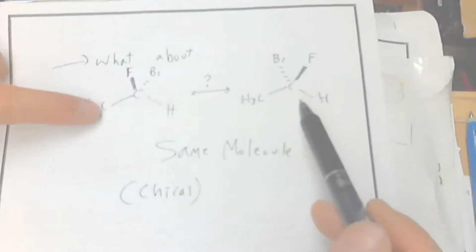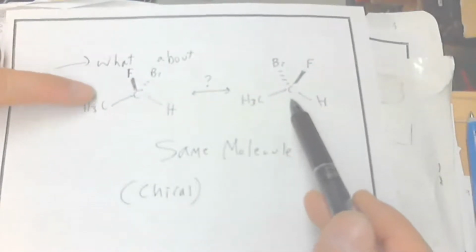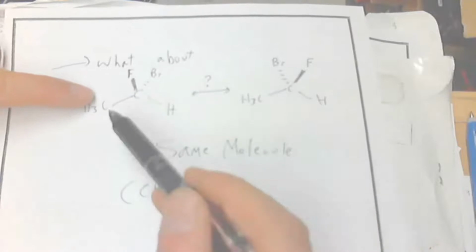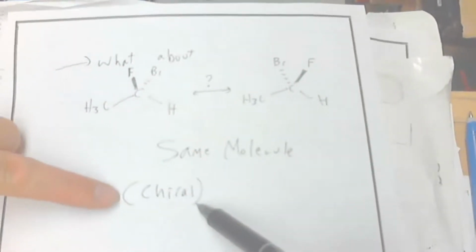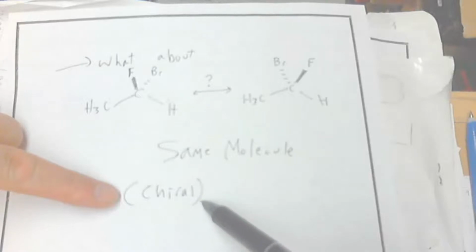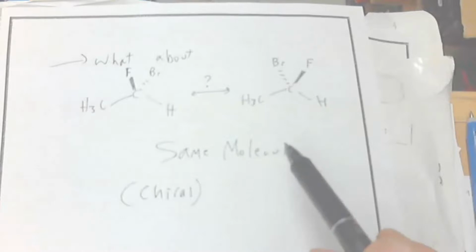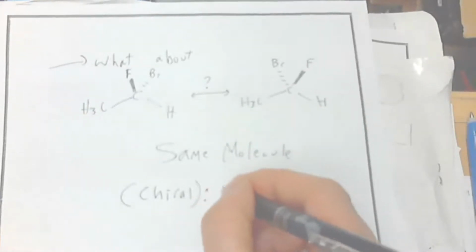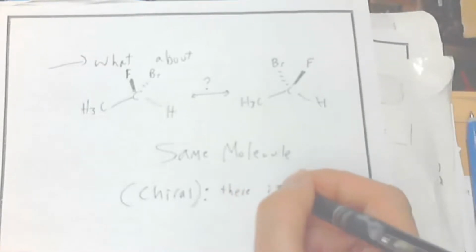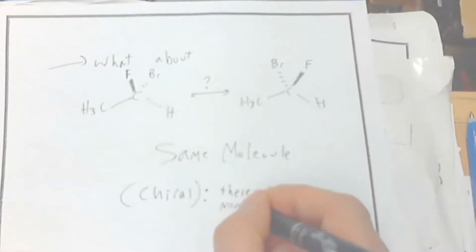I'm not describing the relationship between these two molecules, because the relationship of these two molecules is the same. Chiral though means that there is a non-superimposable mirror image. It's an adjective, right? It's a property, right? Chiral means there is a non-superimposable mirror image.